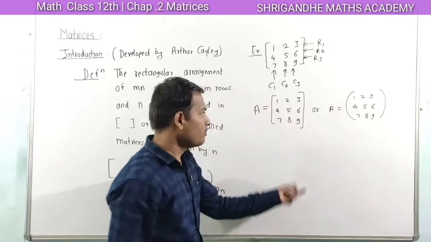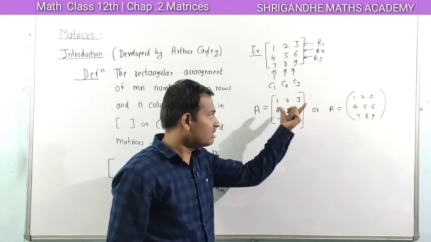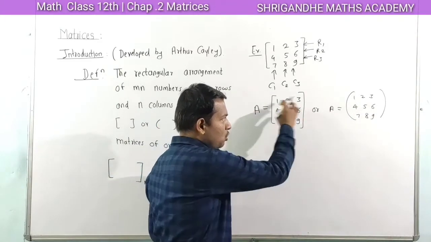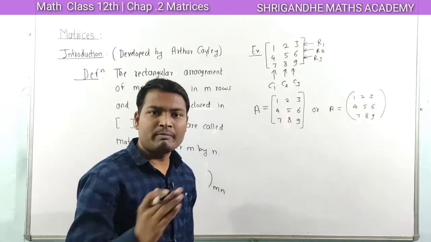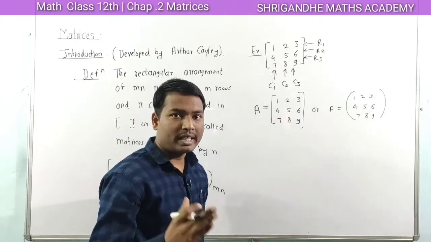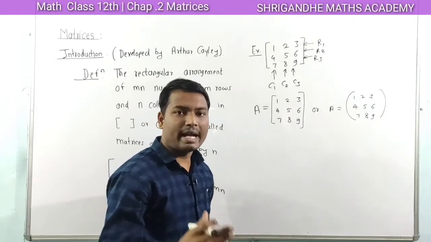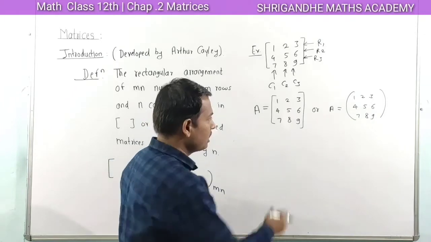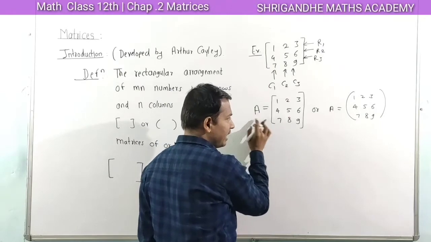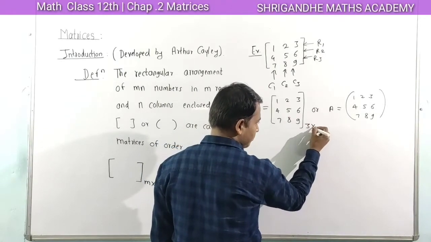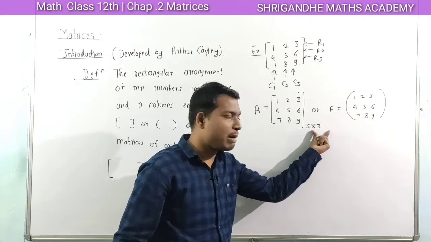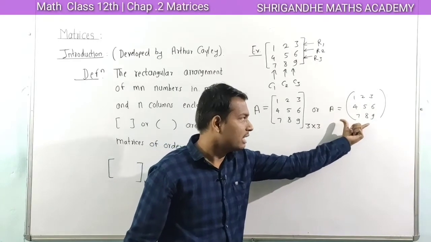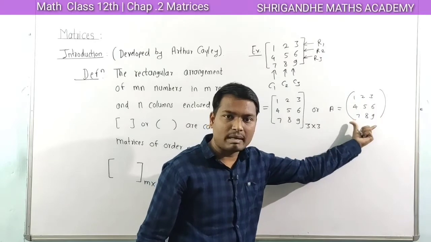Now here the matrix A contains 3 rows and 3 columns. Therefore the order of this matrix is m by n, that is, m is equal to the number of rows and n is equal to the number of columns. Therefore the order of matrix A is 3 by 3, written as 3 into 3, but read as 3 by 3.